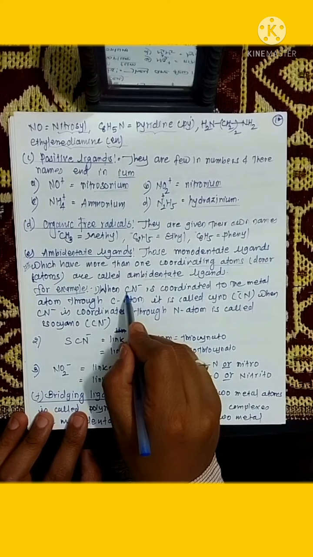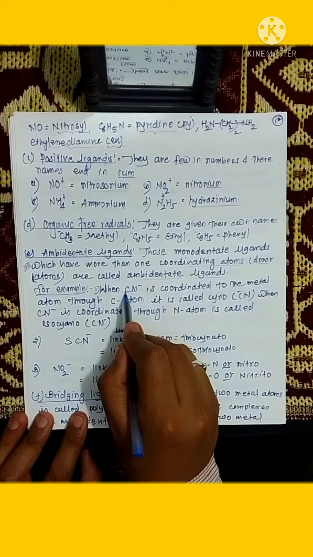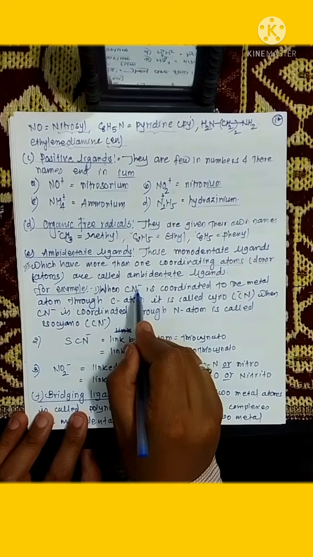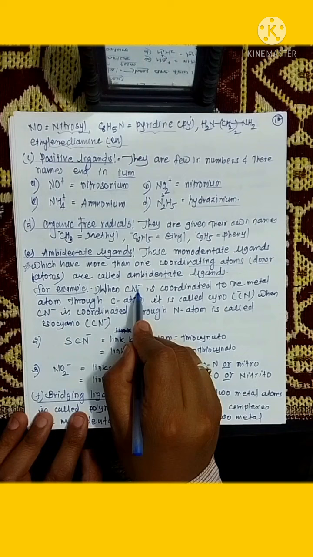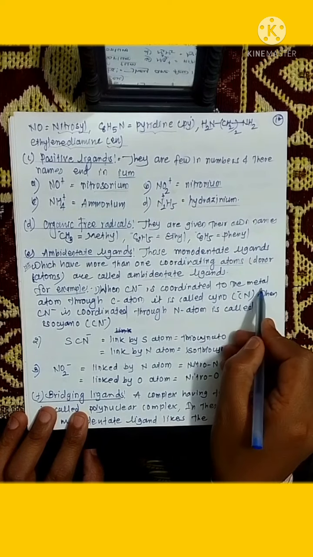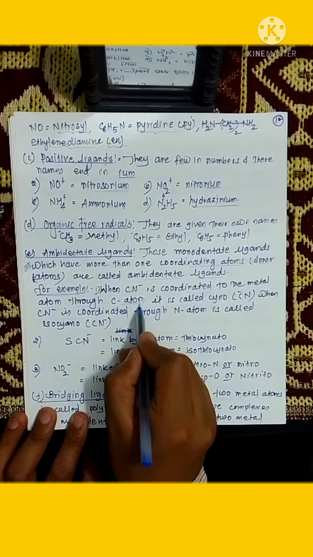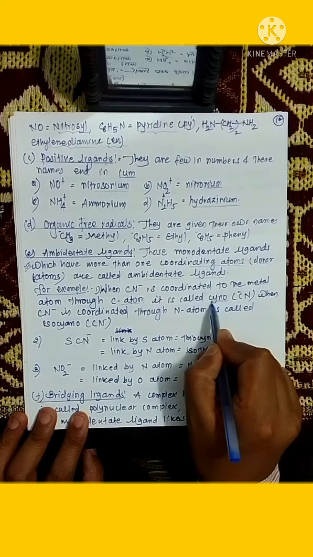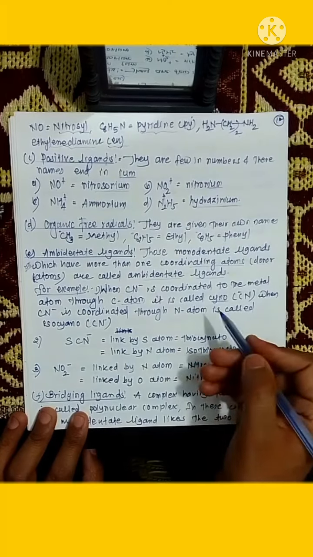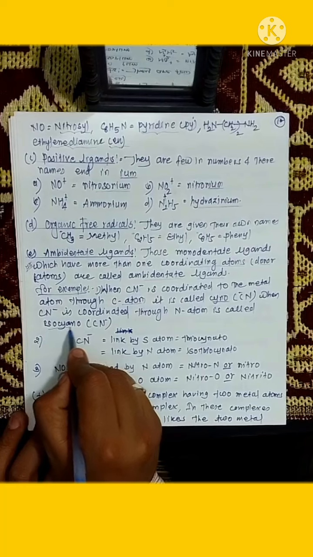The carbon can form a bond with the central metal atom, or the nitrogen can form a bond with the central metal atom. When CN is coordinated to the metal through the carbon atom, it is called cyano. When it is attached through the nitrogen atom, it is known as isocyano.